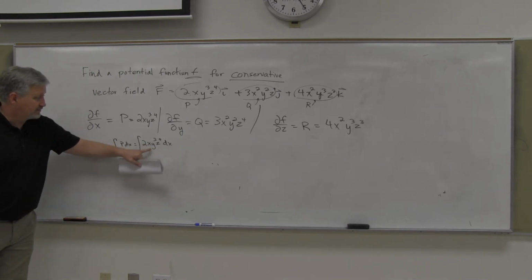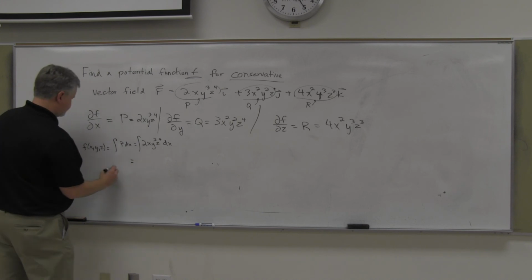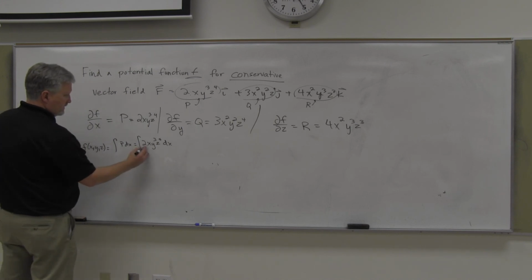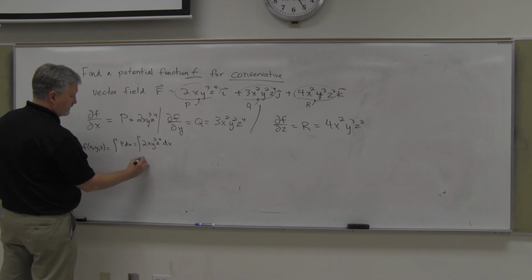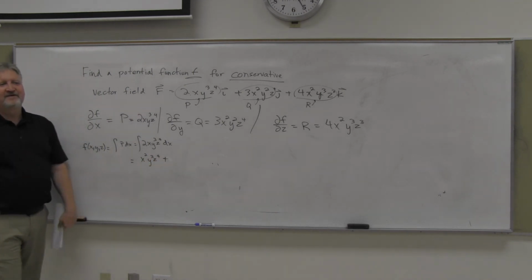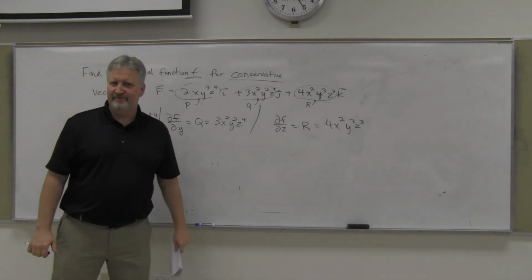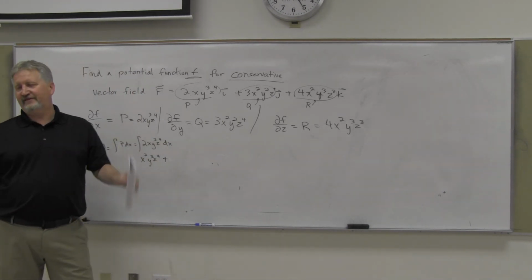Because all I'm doing is integrating with respect to x. The y and the z are fixed. So that would give me add 1, so divide by 2, right? The x squared, y cubed, z to the fourth, plus a constant. But what could the constant entail here?